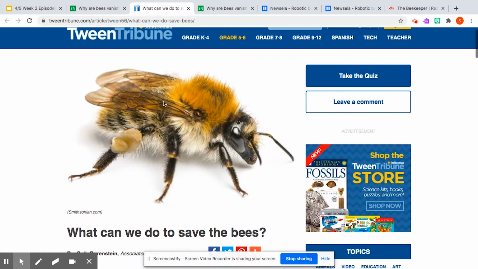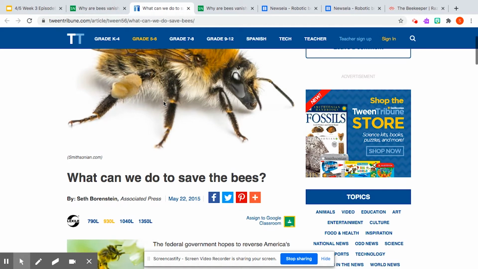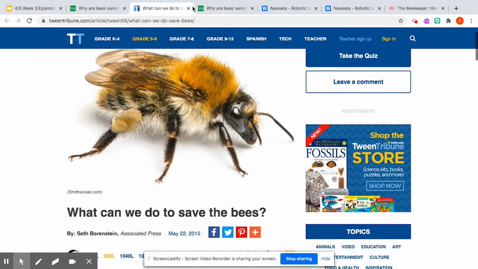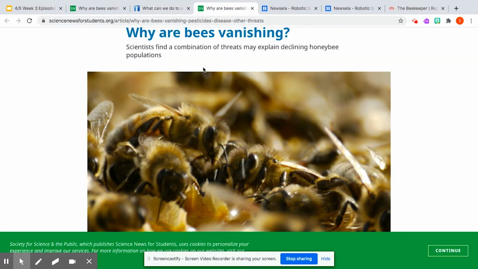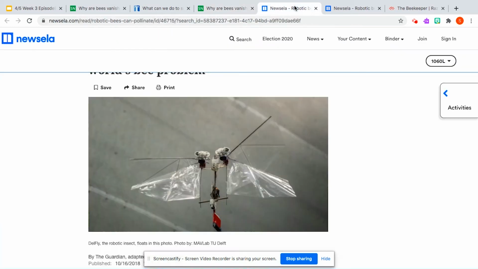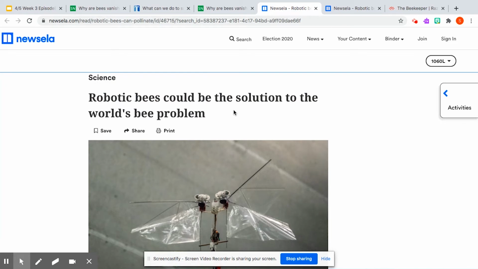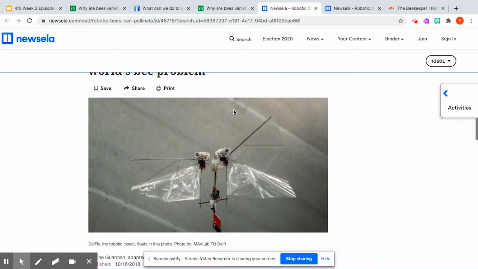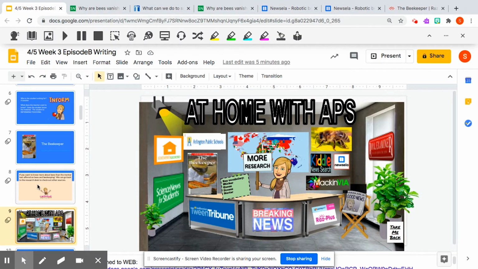Tween Tribune by Smithsonian has one called What Can We Do to Save the Bees? And Newsela has one that's very interesting called Robotic Bees Could Be the Solution to the World's Bee Problem. These would all give us details for the work that's ahead of us.